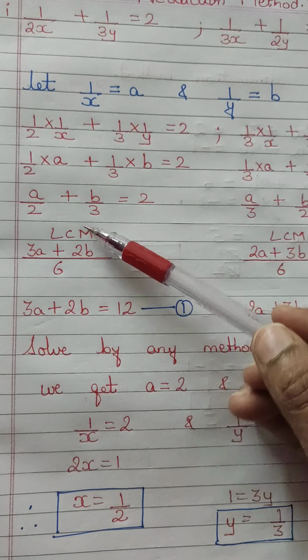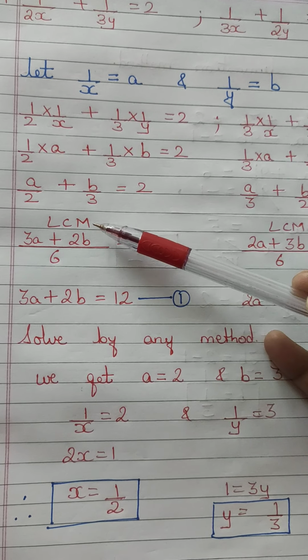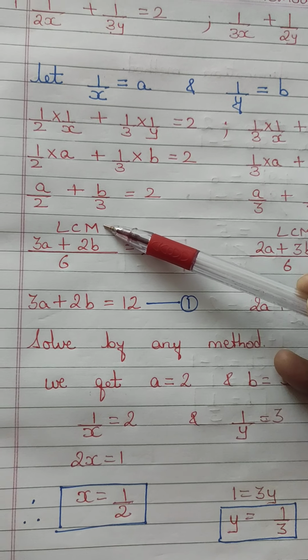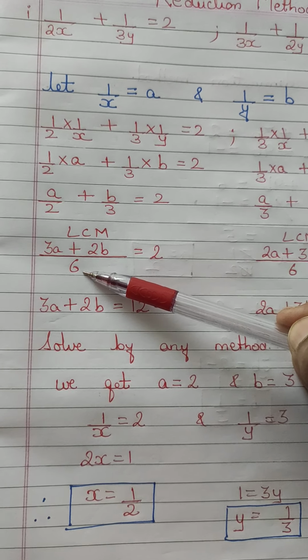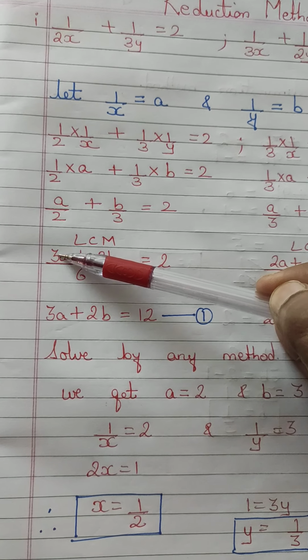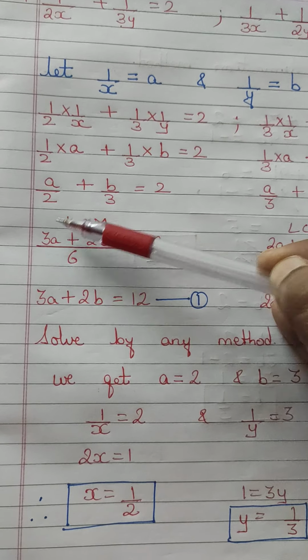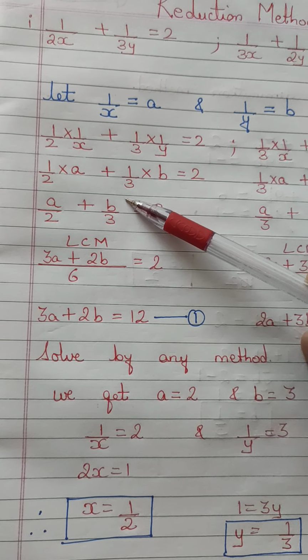Now, as we see the denominators, they are not same. So, we'll have to make them same by taking the LCM. So, what is the LCM of 2 and 3? It is 6. So, 2 into 3 is 6. So, 3 into a, the numerator will be multiplied by 3 plus 3 2s are 6. So, 2 into b.